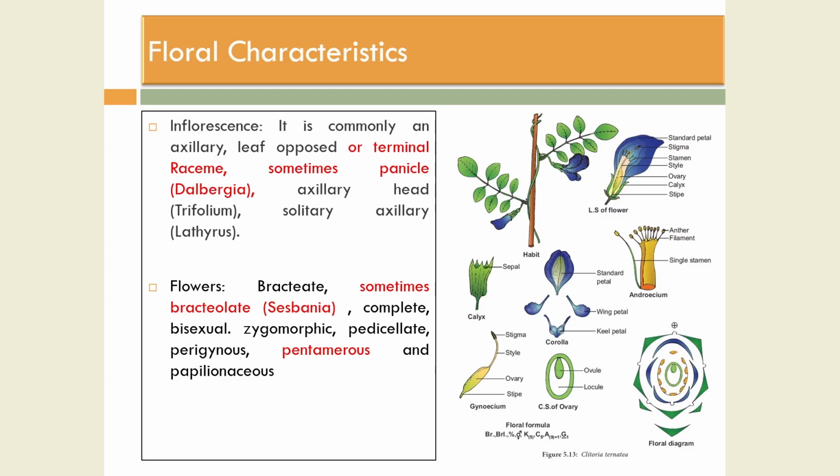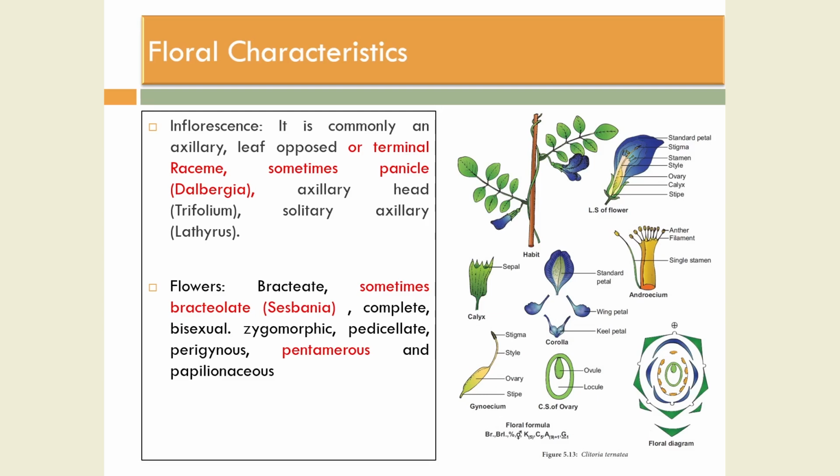So generally the inflorescence type is raceme. That means the growth of the stem will not stop by the presence of the flower, because the older flower is present at the base and the stem continues growing in length.